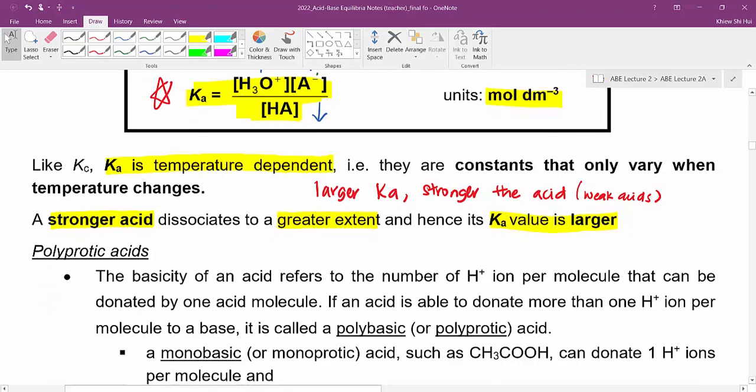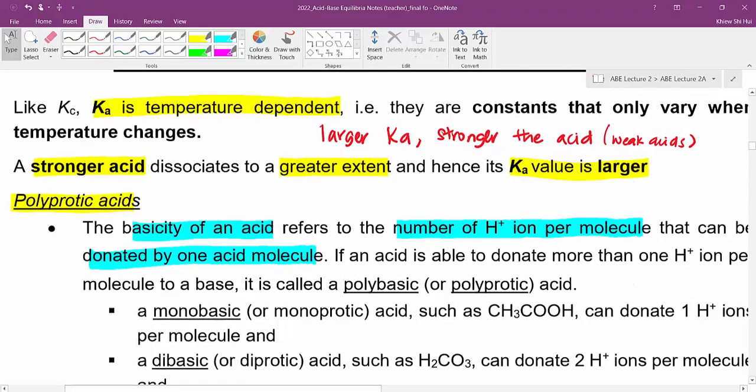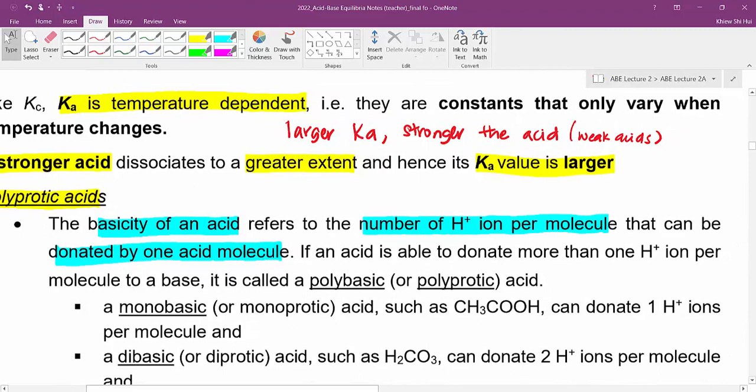Let's now look at this term called polyprotic acids. Now we look at the basicity of an acid, which refers to the number of H+ ions per molecule donated by one acid molecule. And in this instance, if an acid is able to donate more than one H+, it is now called a polybasic or polyprotic acid.